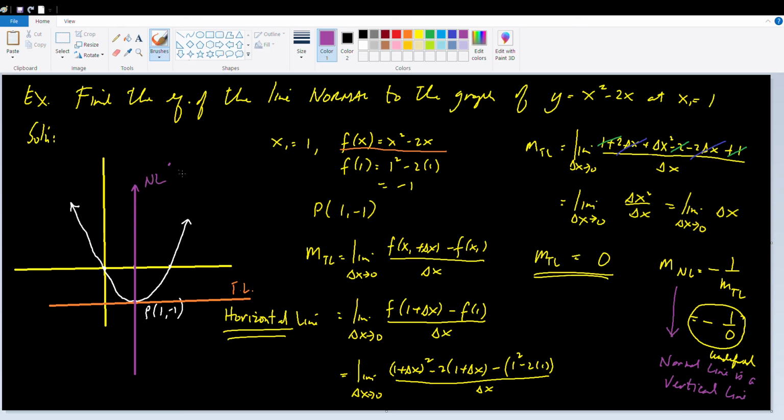And what is the equation? For a vertical line, the equation is x equal to a constant. So since it passes through the point 1, negative 1, the equation of the normal line is x equal to 1. There.